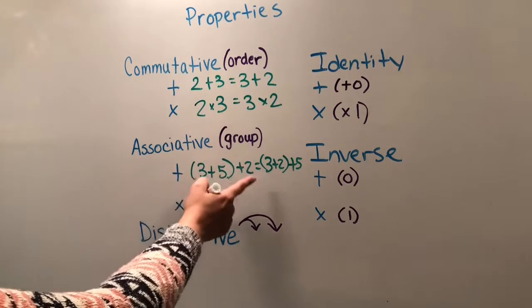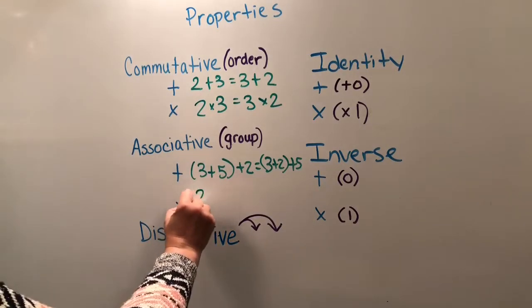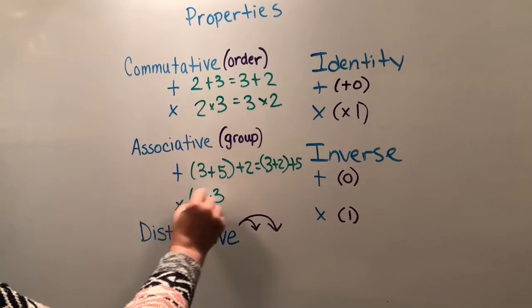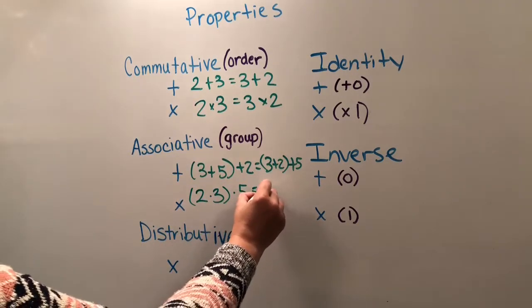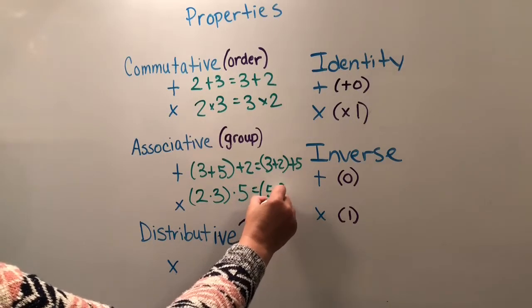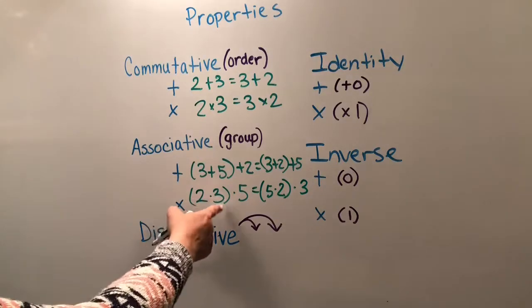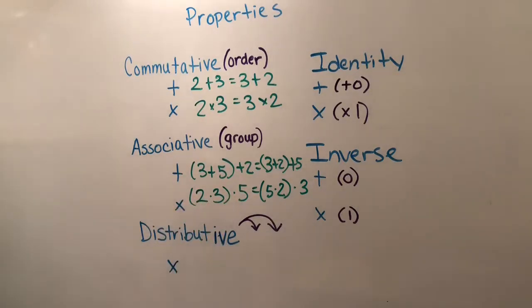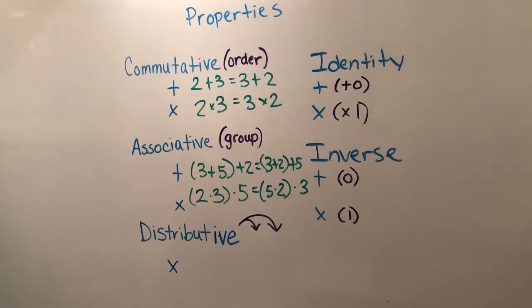Associative is about grouping. Same with multiplication. 2 times 3 times 5 is the same as 5 times 2 times 3. So 2 times 3 is 6 times 5 is 30. 5 times 2 is 10 times 3 is 30. Changing the grouping in multiplication does not change the value. That is the associative property.